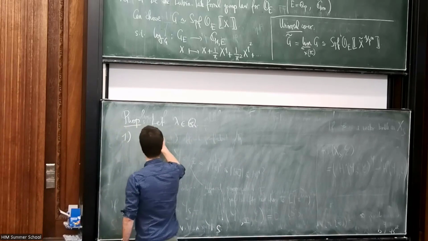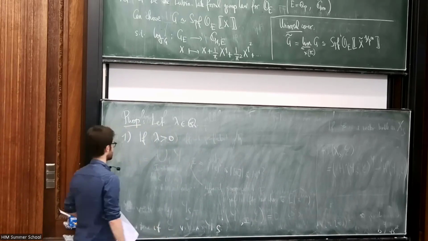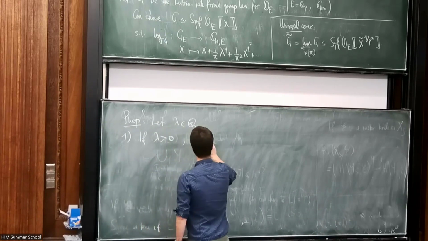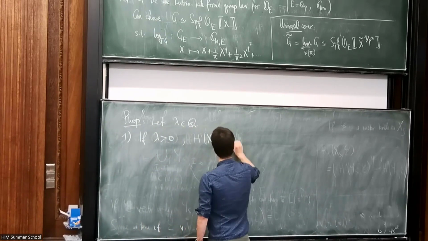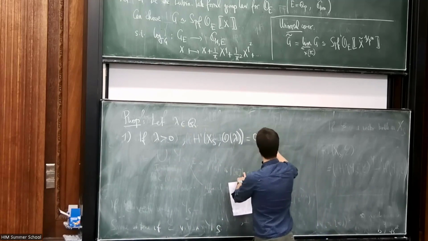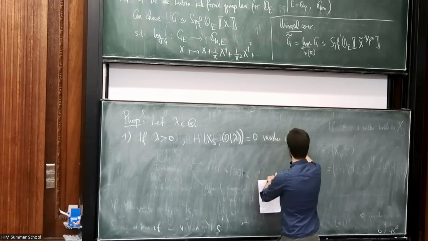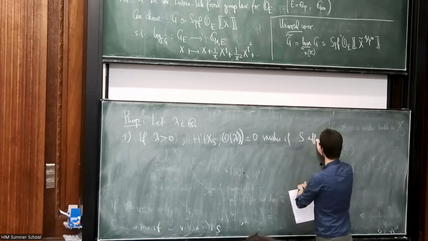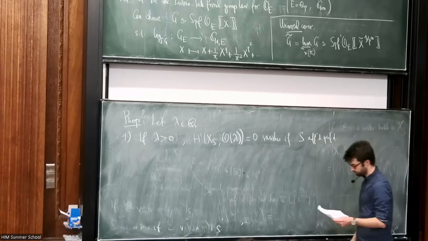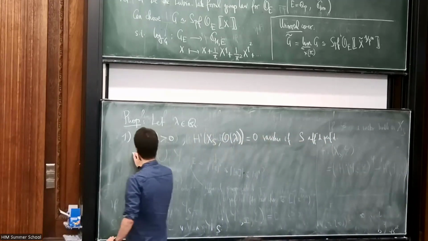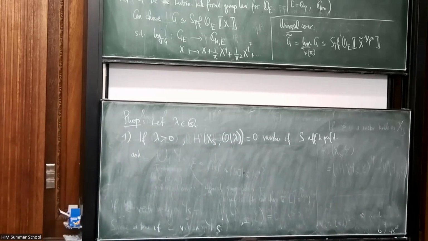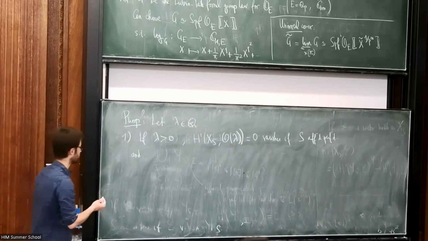First we will look at the case where lambda is positive. Then the claim is that the cohomology of O(lambda) in degree 1 vanishes when S is affinoid perfectoid. So the only interesting things that can happen should be in degree 0.